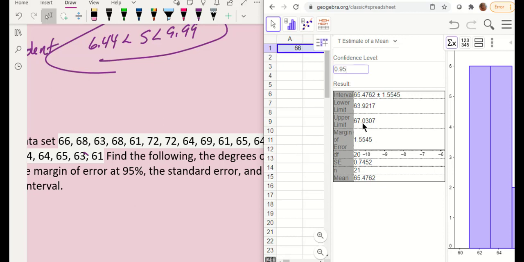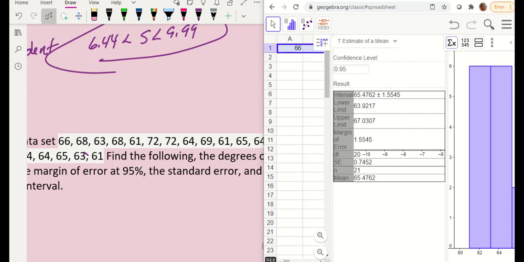Our upper confidence level is going to be at 67.03. Our margin of error is going to be at 1.5545. Our degrees of freedom is at 20. Our standard error is at 0.07452. And our mean is the same. So again, GeoGebra gives us a nice, sure way to see all of our information at one particular time.